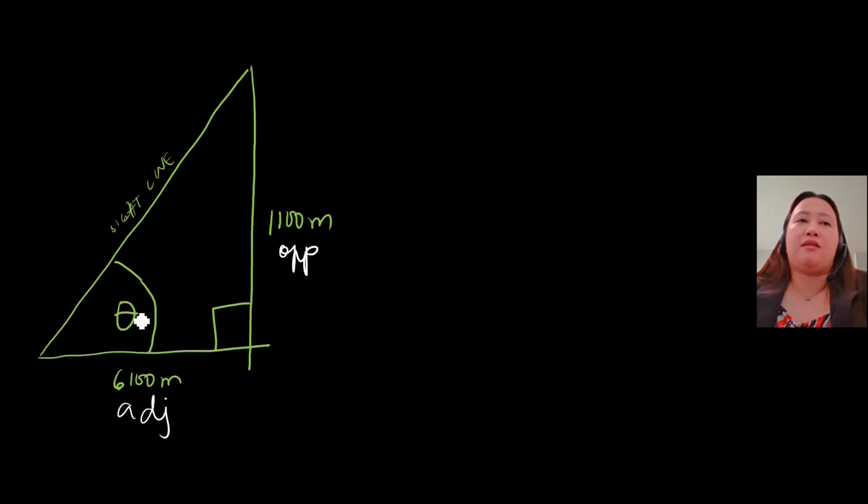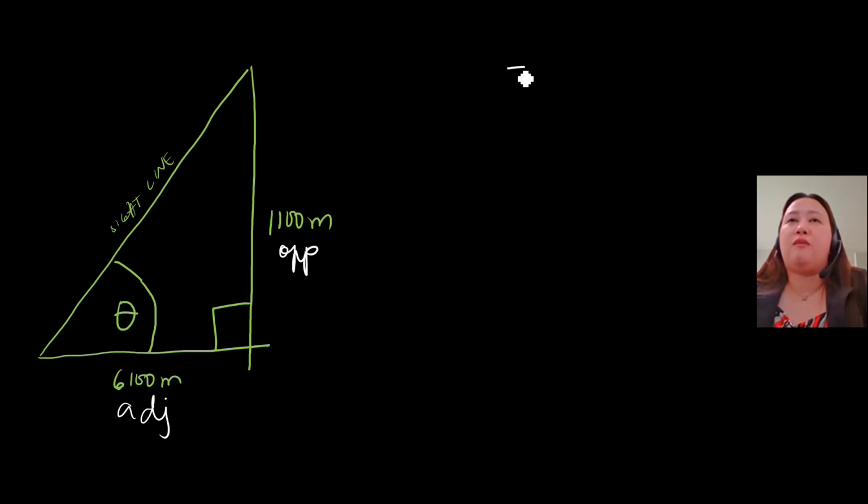Since we're asked of the theta, it is obvious that we're going to make use of the trigonometric function. Because remember, the Pythagorean theorem is only used if we are considering sides. It means that you have two given sides and one side is unknown. But if there's already theta, we're going to use the trigonometric functions.